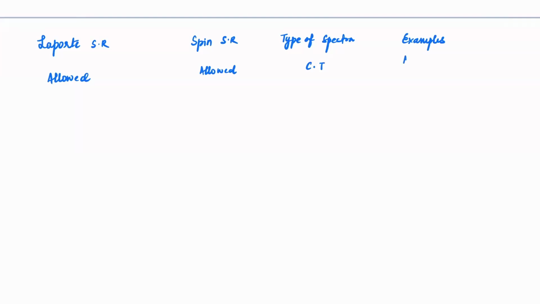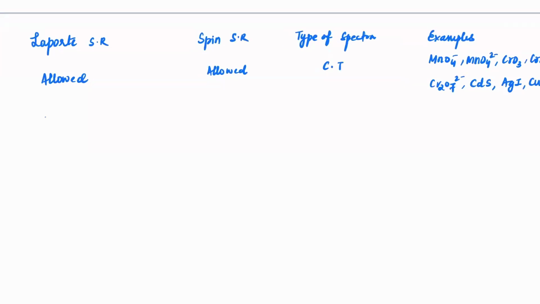Examples: MnO4 minus, MnO4 2 minus, CrO3, CrO4 2 minus, got it? Cr2O7 2 minus, and even colors like CdS, AgI, correct? CuS, all of this. These also fall into that case. Clear? So, second one, there are cases where it is partly followed.